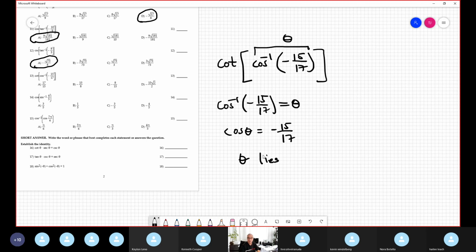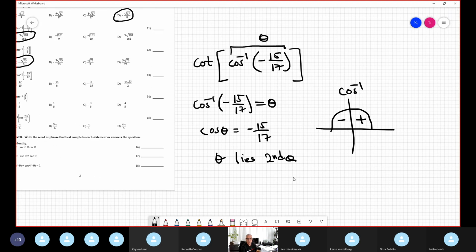Very well. Because I remember very well the agreement of the cosine inverse: when it's positive, the first quadrant, but when it's negative, the second. So theta lies in the second quadrant. Okay, so finally, when I compute the cotangent, which is the last trigonometric function, direct, not inverse, it gives me a value, and this value, cotangent in the second quadrant, would be positive or would be negative?